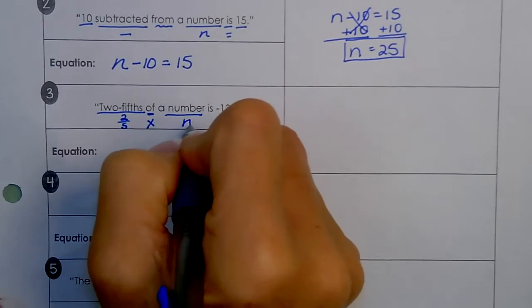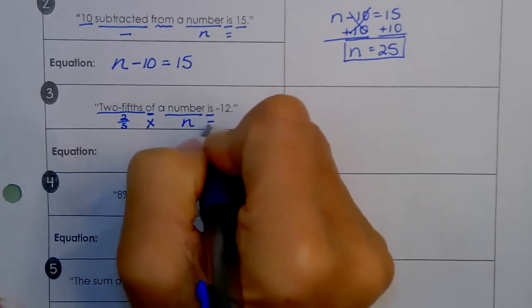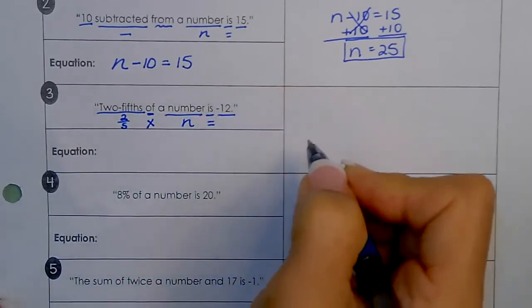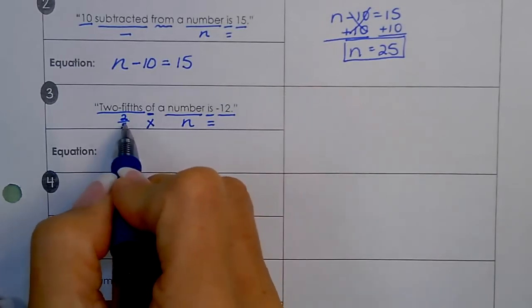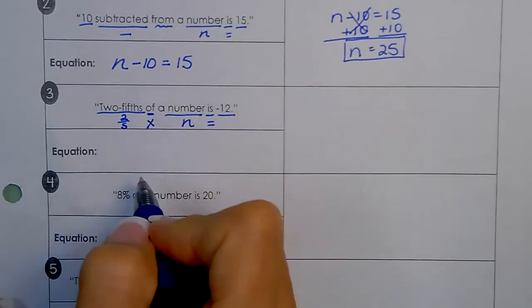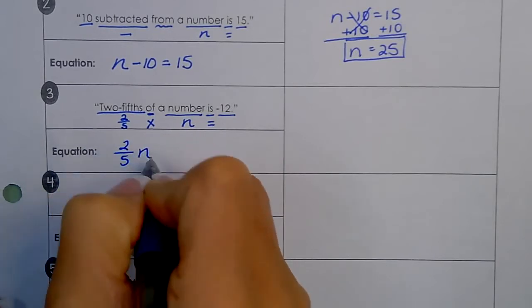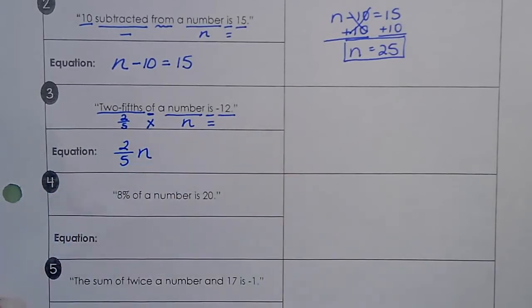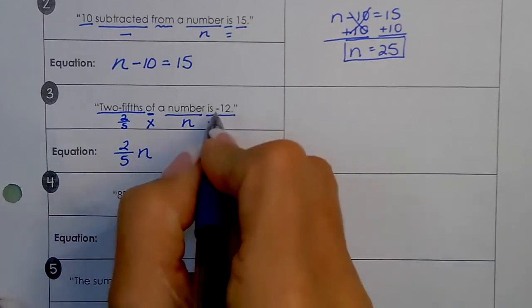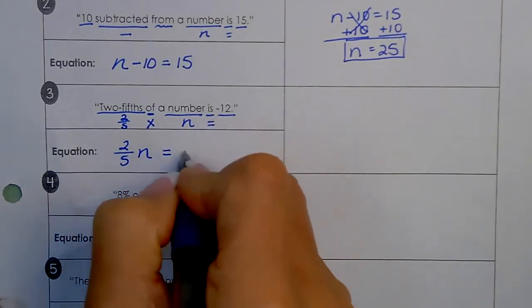A number, n, is -12. So 2/5 of n would be written 2/5 n. Again, when they're multiplied, you just write them next to each other if it's a number and a variable. 2/5 n is -12.